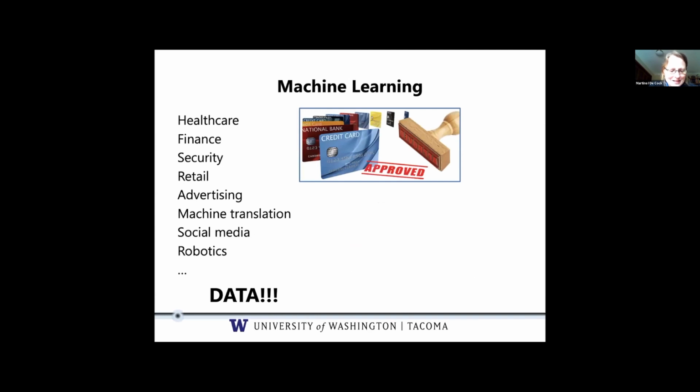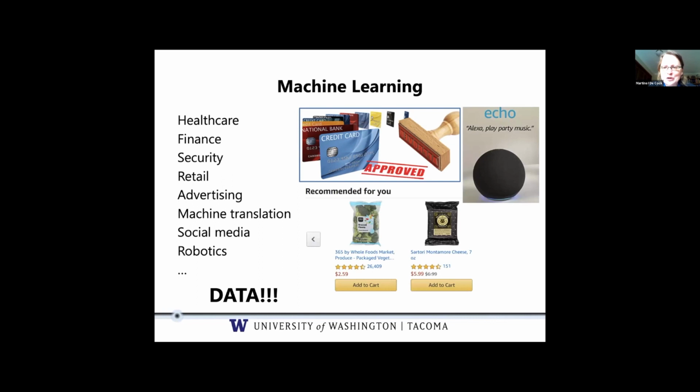Let's go. So machine learning has grown really big as an area in computer science, and there are many useful and beneficial applications all over the place. For instance, when you apply for a loan or a credit card, you're really putting your faith in the hands of a machine learning system that will help decide whether to approve your application or not.